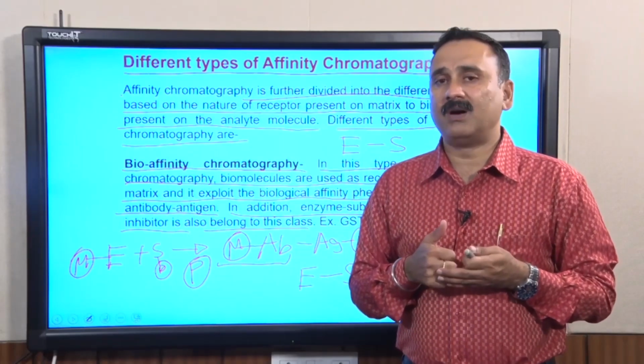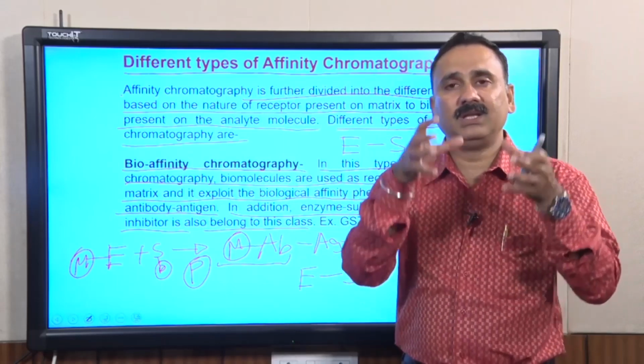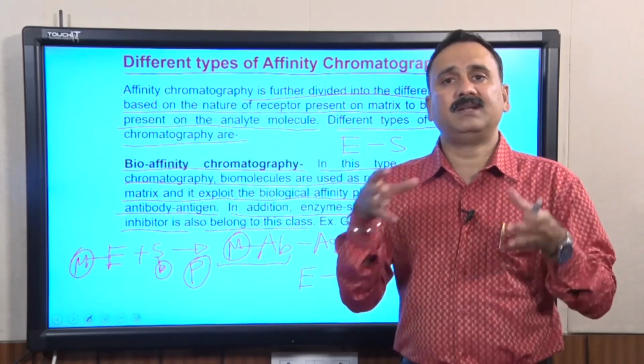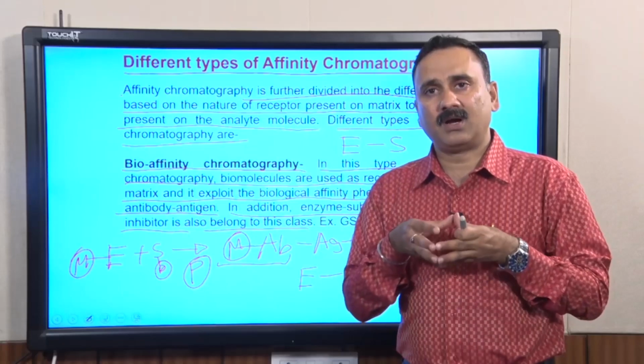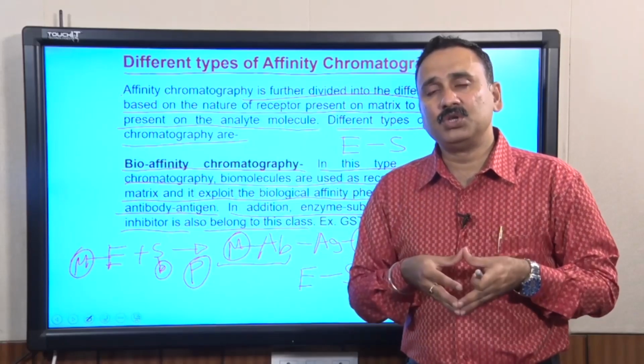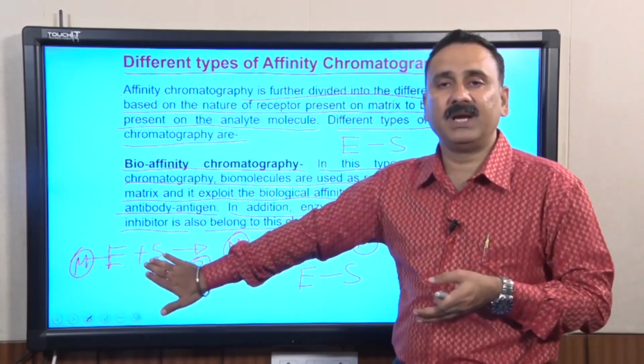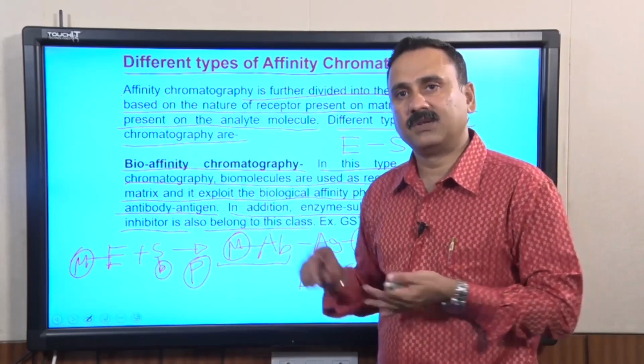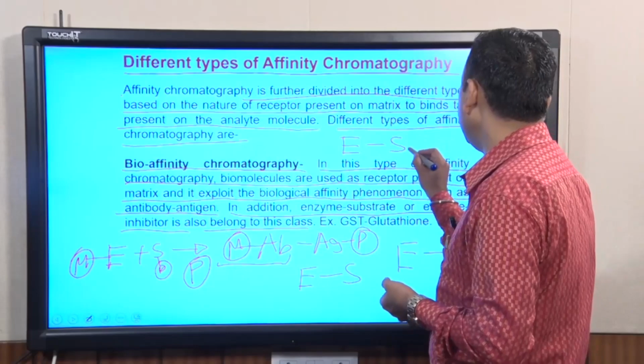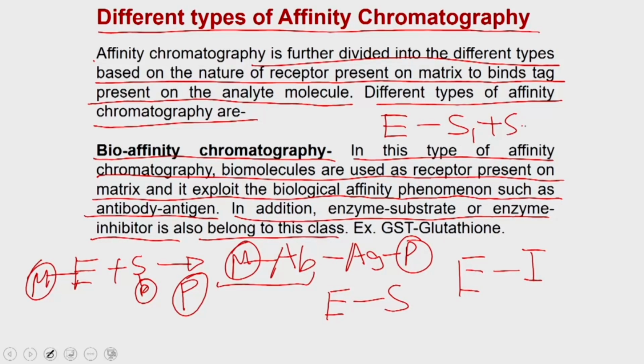So, in all these combinations where you are using enzyme-substrate or enzyme-inhibitor combinations, you have to ensure that the enzyme requires an additional substrate for catalyzing the reaction, which means you should have a combination where the enzyme requires substrate 1, substrate 2, and only then will it give you the product.